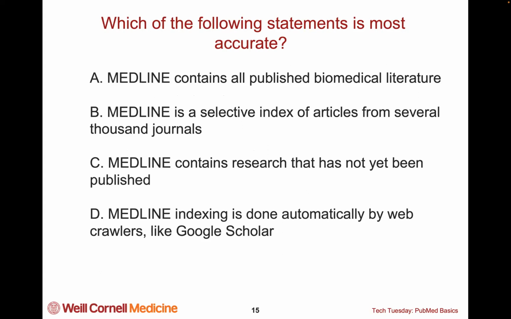Oh, I need to actually launch this. Okay. Medline contains all published biomedical literature. Is Medline a selective index of articles from several thousand journals? Medline contains research that hasn't been published yet. Or Medline indexing is done automatically by web crawlers like Google Scholar.